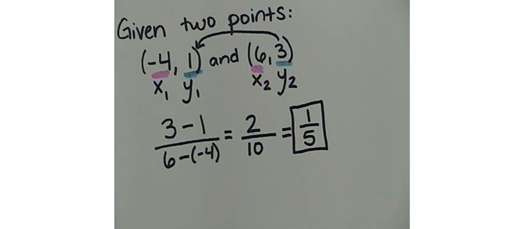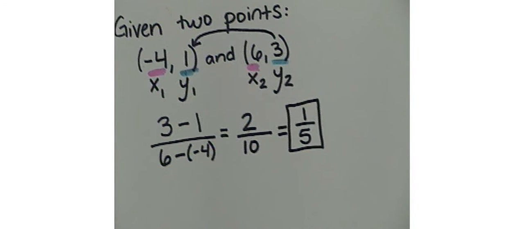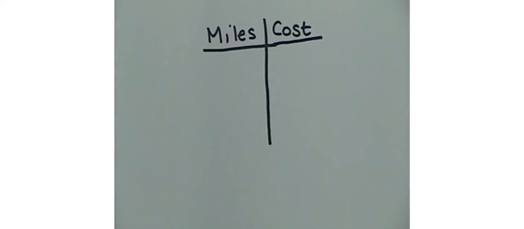All right. Now remember, rate of change is another way to refer to slope. Okay, especially when we're talking about a real life example. So let's do miles and cost.